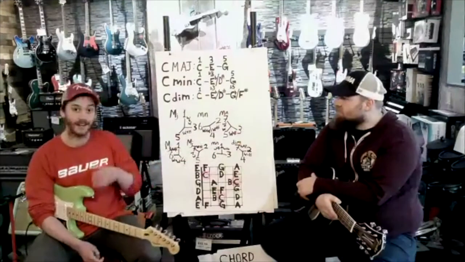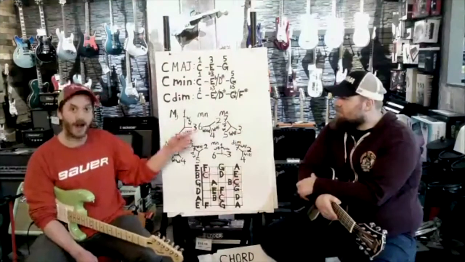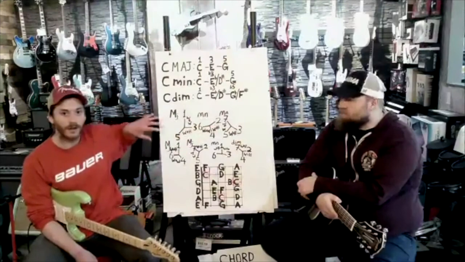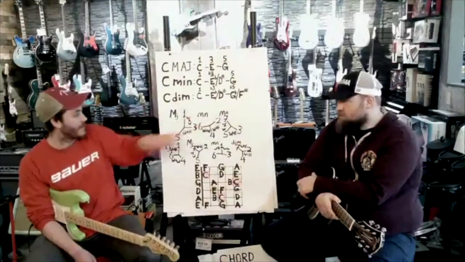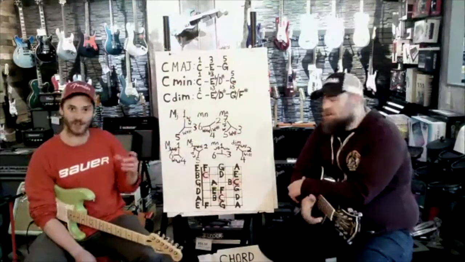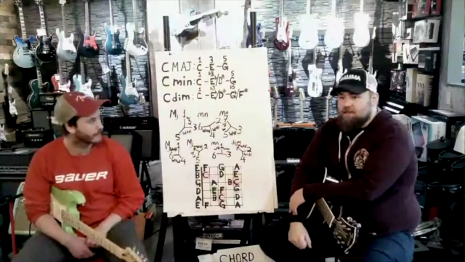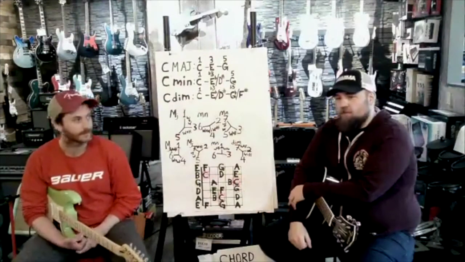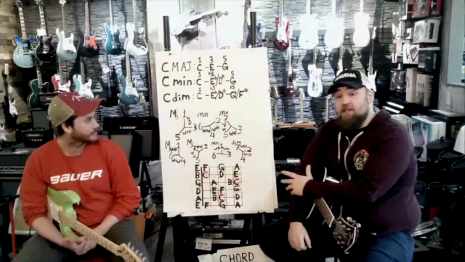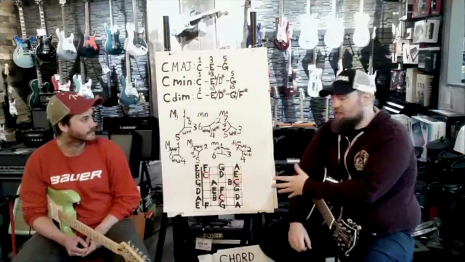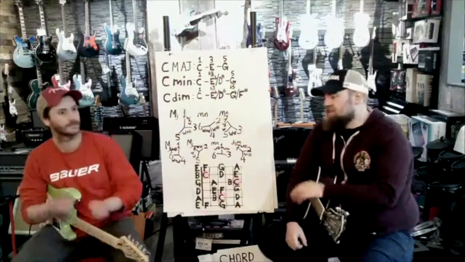So if you were to play C major, D minor, E minor, if you were to play through all the chords in the scale, you'll actually hear that major scale kind of built within the chords as you go through it. Yeah. So you could plug any note in there. If you plugged a G into your major scale, it'd be the same idea.